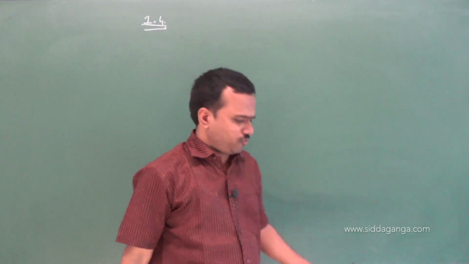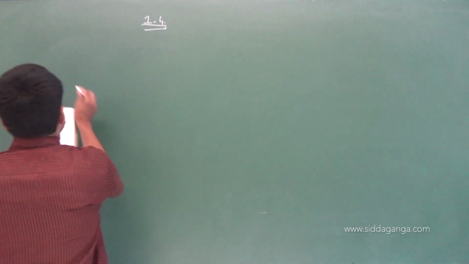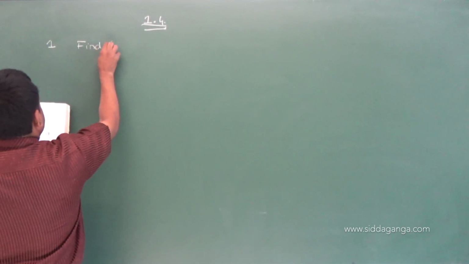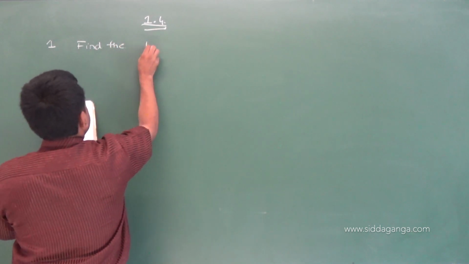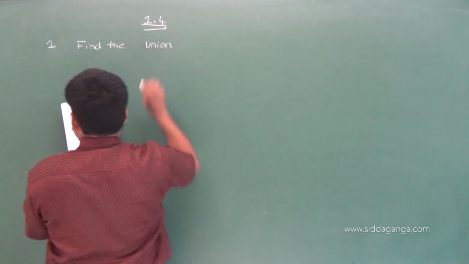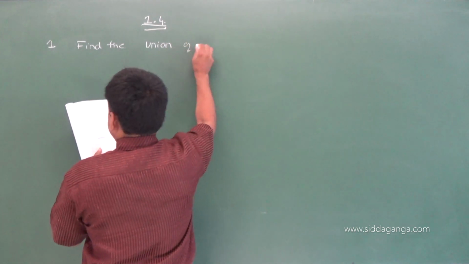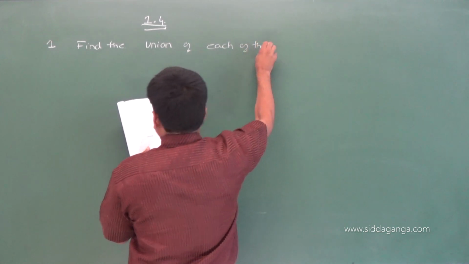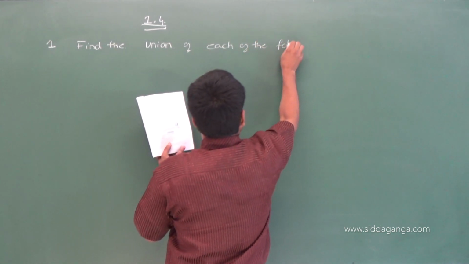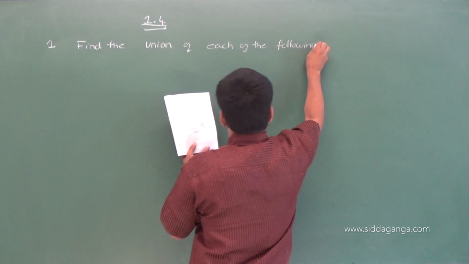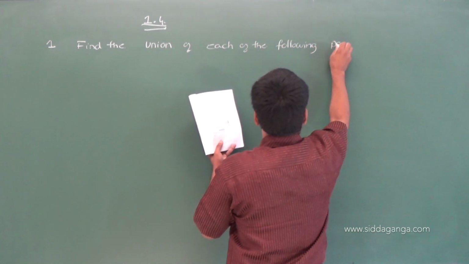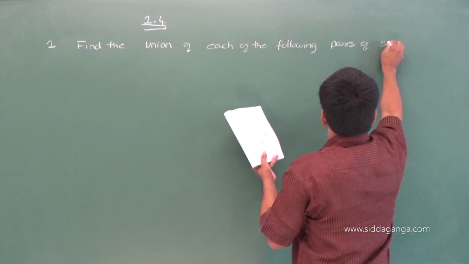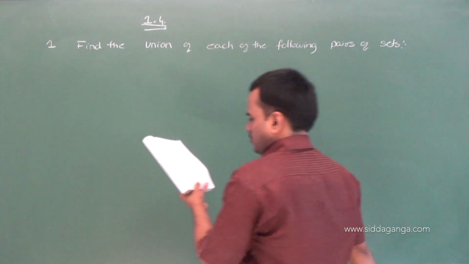Exercise 1.4, first main problems. Find the union of each of the following pairs of sets. First problem.